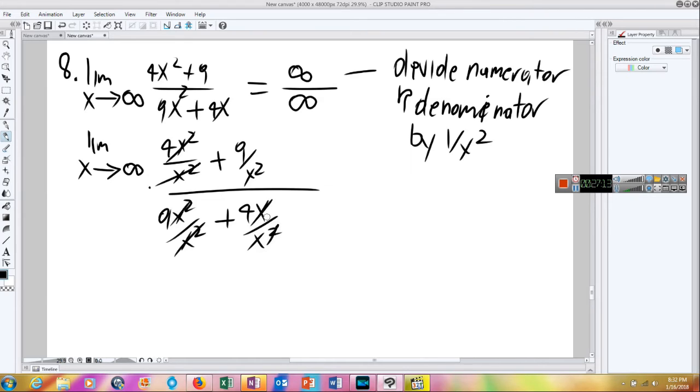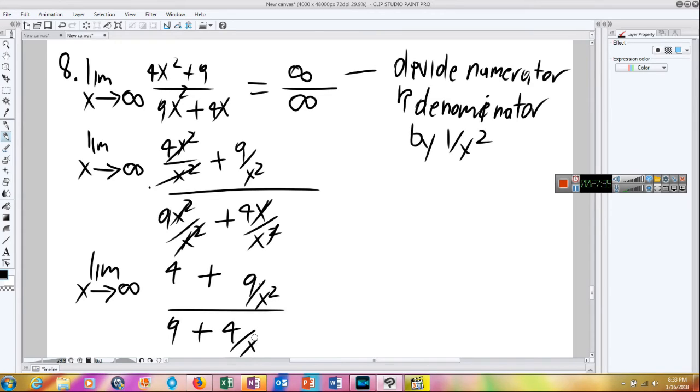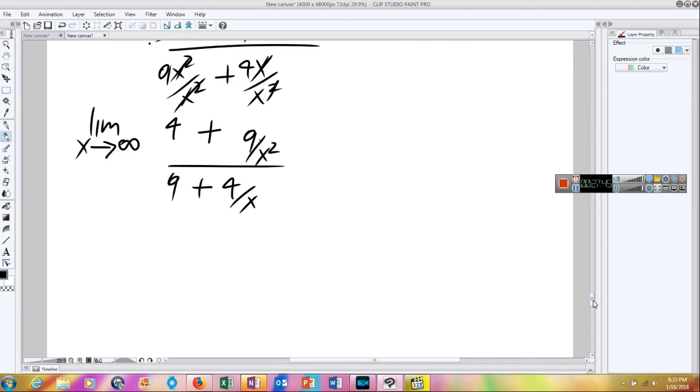And 4 divided by x, so we'll now have limit x tends to infinity for the function 4 plus 9 divided by x squared, divided by 9 plus 4 divided by x. That equals 4 plus 0 over 9 plus 0 equals 4 divided by 9.